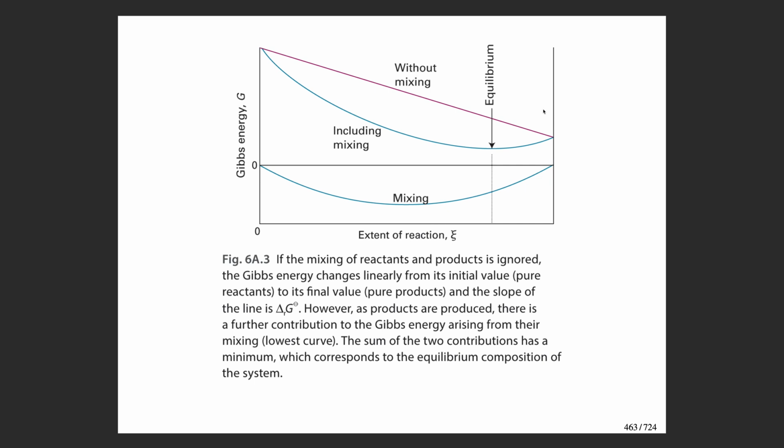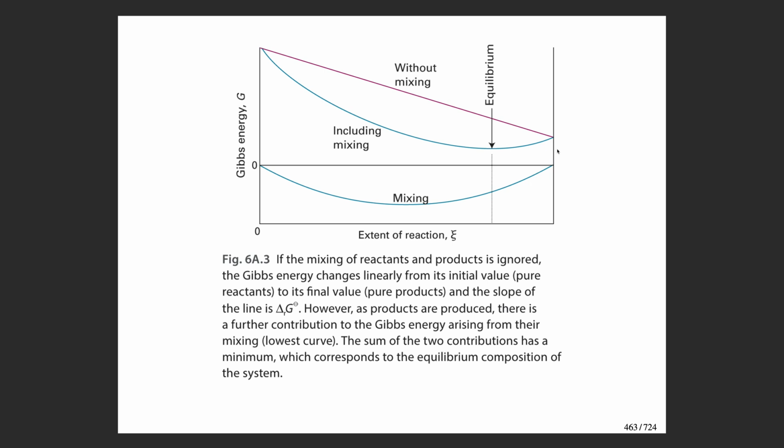And as we've learned previously, whenever you mix things together, that gives you an increase in the entropy of your system. So when you mix the reactants and products, that is, as the products form and they're mixing together, that increases the entropy of the system. But if you go too far, that would in essence be unmixing them, and that would decrease the system's entropy.